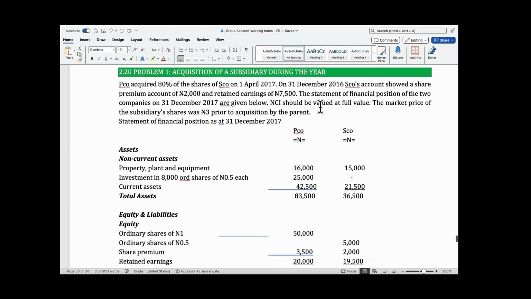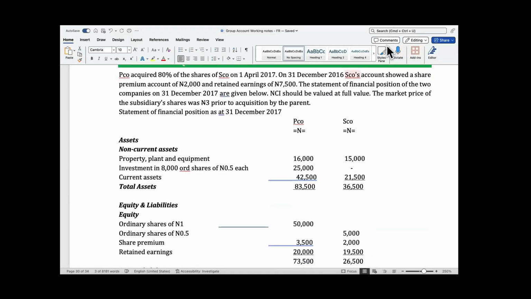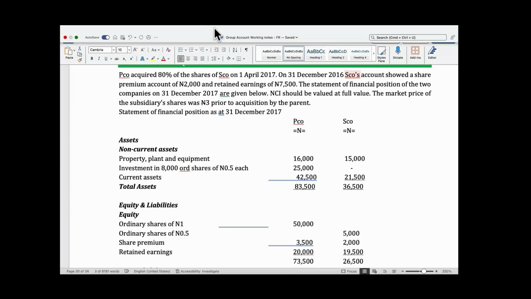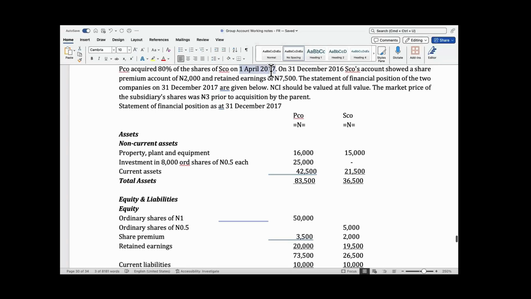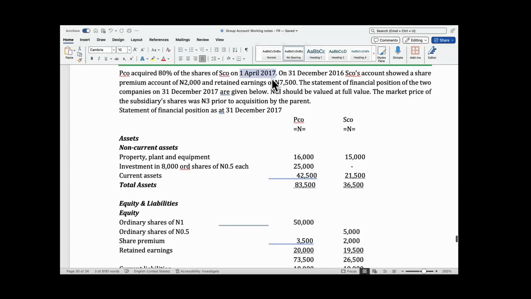Can you tell me what's the issue here? I can see that we acquired the subsidiary on 1st of April 2017.